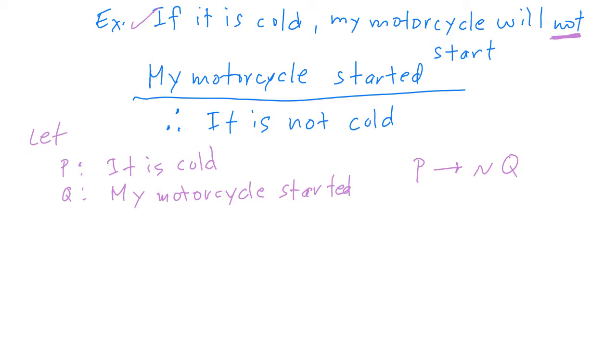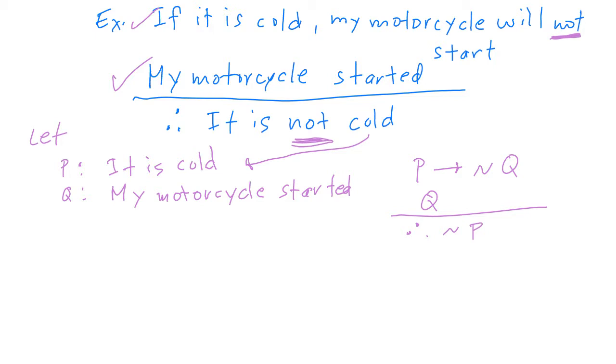Q is about the motorcycle starting, so will not start is not Q. On the second premise, that's already assigned as Q. And the conclusion would mean there is a not there, and that refers to P. So that should be not P.